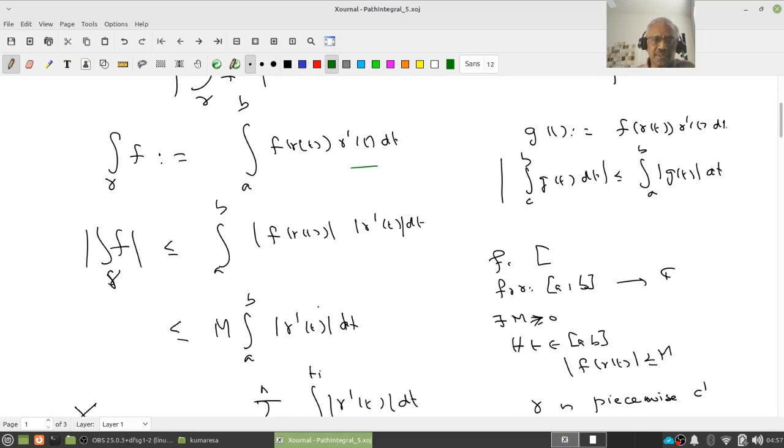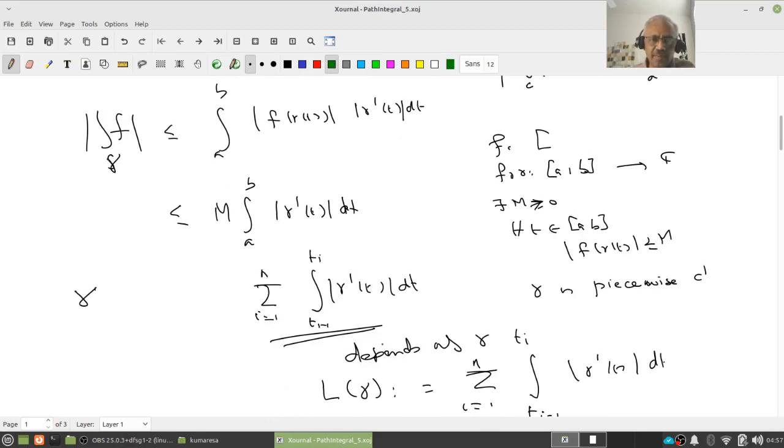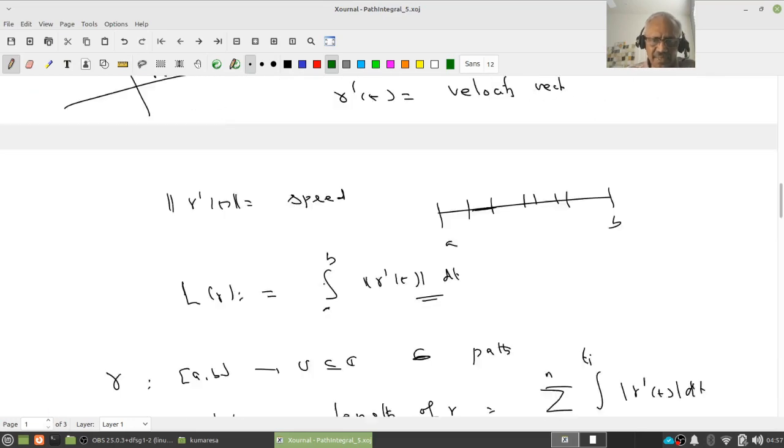We know how to estimate that, we used it. Then luckily we got the integral from a to b of mod gamma prime t dt, which depends only on gamma. It has nothing to do with the function. So that's a constant associated to gamma. We call it L of gamma. The geometric meaning is that it is the length of gamma. Otherwise we know what it is. Okay, that's it. Are you happy with that?